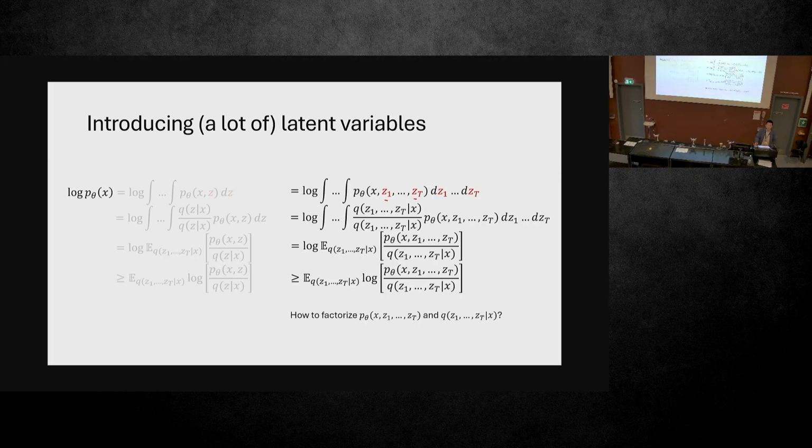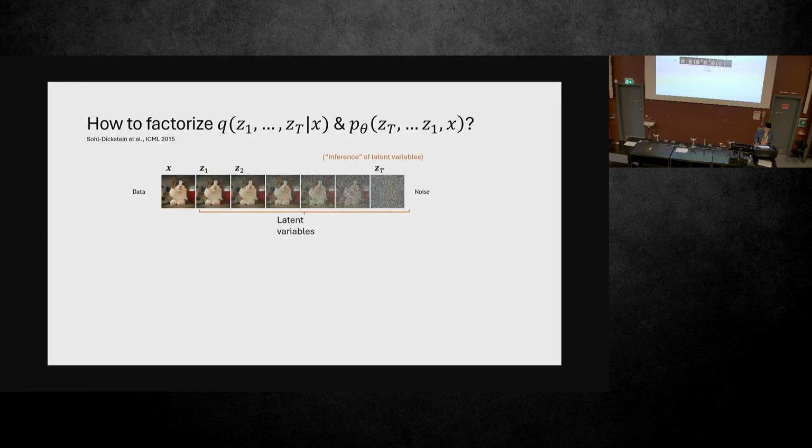Okay, and now the next question is, we have our choices of modeling here. We can choose to factorize our generative model, P theta, and our inference machine however we want. For a diffusion-based model, we're going to factorize them in a Markovian way. For the forward process that destroys the structure, we iteratively add noise to the previous state, and we only add noise to the previous state, and we don't care about anything before that.